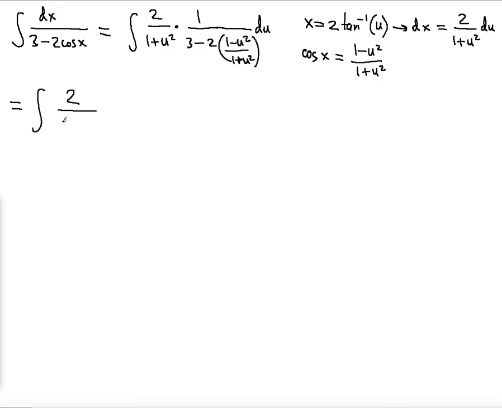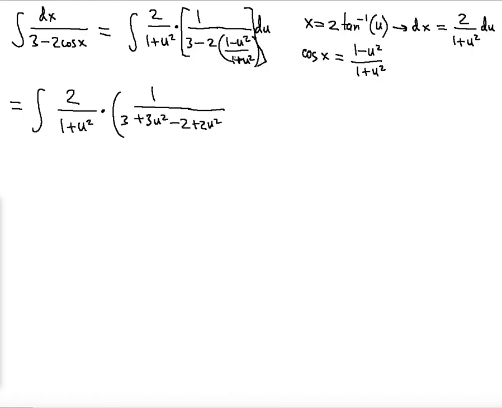Right, so what are we going to have? We're going to get 2 over 1 plus u squared times, let's put brackets around this part. That's going to be 1 over, so let's see, 3 plus 3u squared minus 2 plus 2u squared, I believe, over 1 plus u squared.